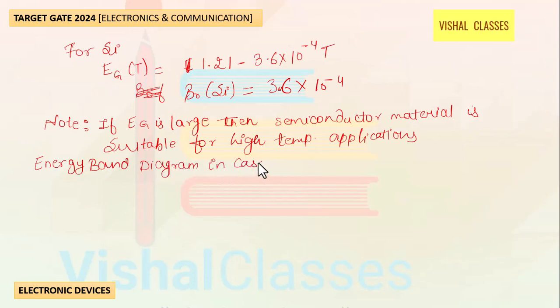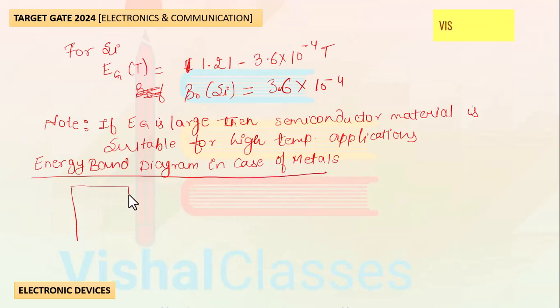In case of metals, energy band diagram. Eg is 0, and this is the valence band and this is the conduction band.